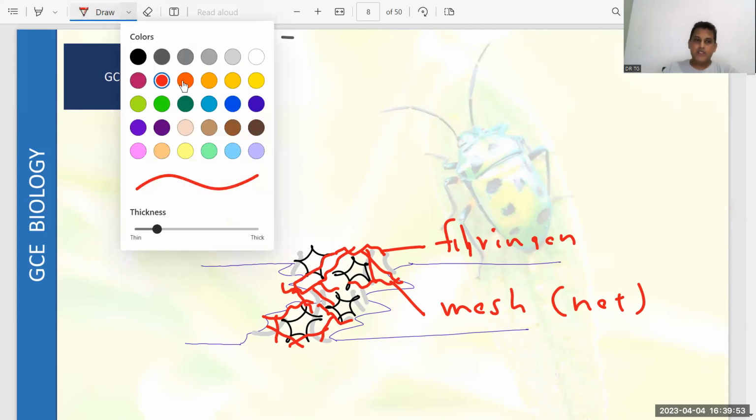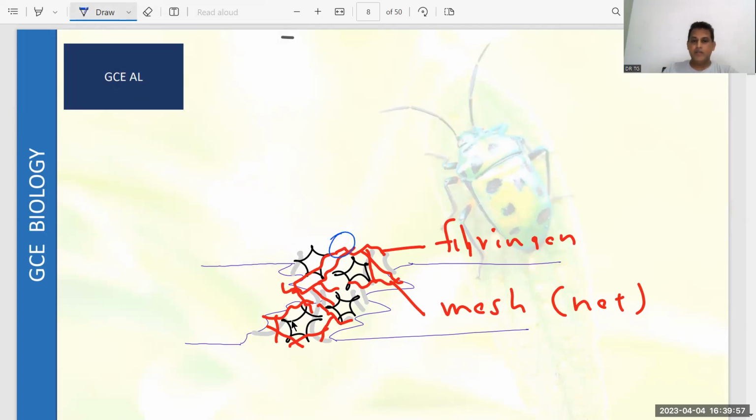Now, any kind of cells can attach, for example white blood cells and red blood cells. They are going to be trapped here. And this final version is called a clot. The clot can completely seal this area, and blood is no longer moving out of the blood vessels.